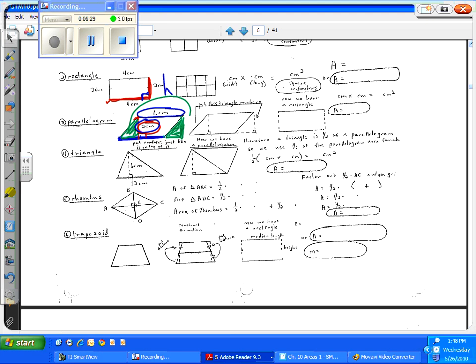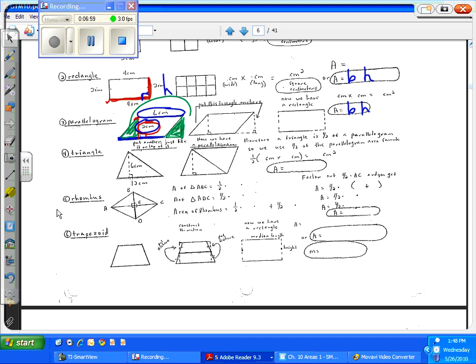So if the formula for area of a rectangle is base times height, then the formula for the area of a parallelogram must be base times height only, because from a parallelogram you can create a rectangle whose base is the base of the parallelogram and whose height is the height of the parallelogram.